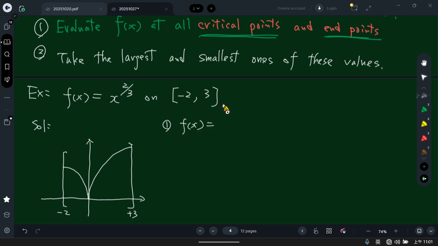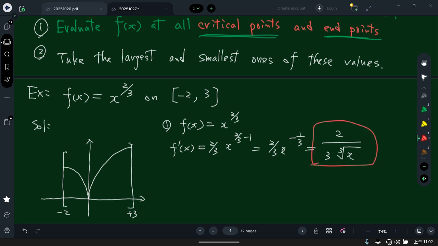If f of s is equal to s to the power of 2/3, let's take its first derivative, and finally we can get this one. It will be 2/3 times something, okay?